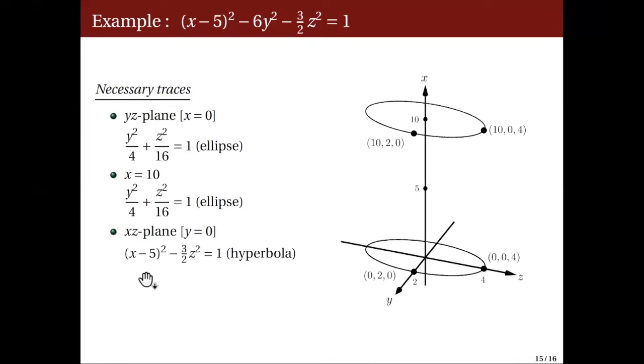So that means the vertices of this hyperbola are located 1 unit from the center of the quadric. So 1 unit above 5 is 6, and 1 unit below 5 is 4. So from x equal to 6, we connect this to the vertices of this ellipse. And from x equal to 4, we connect with the vertices of this ellipse here. So we have this hyperbola.